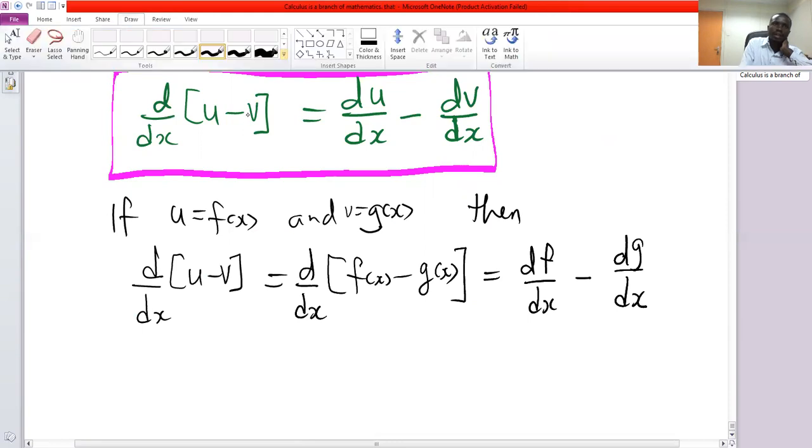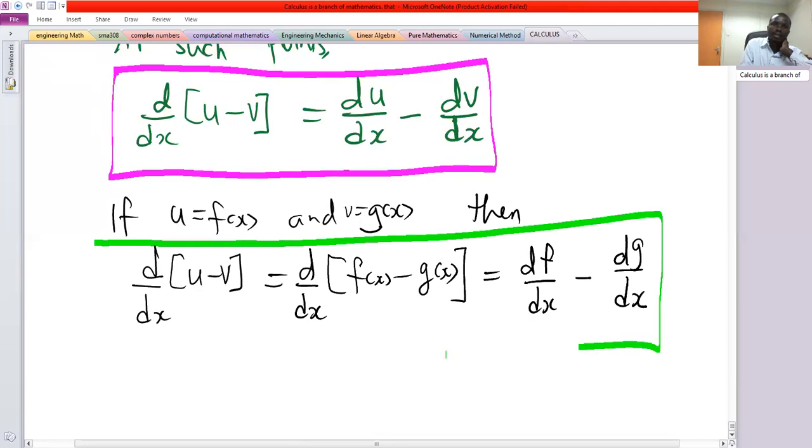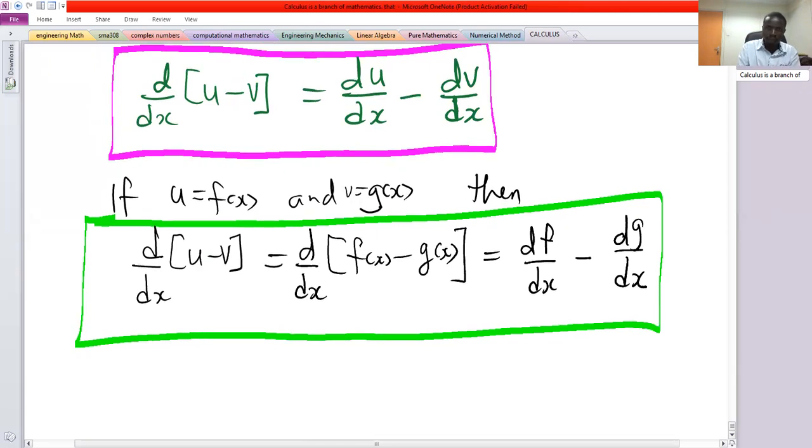So this is another way of writing the difference rule. Now let's see some examples on how to apply the difference rule and the sum rule.